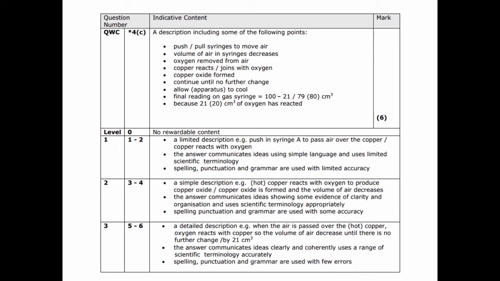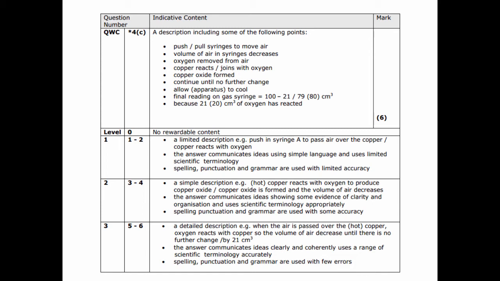I will push and pull the syringes to move the air. The volume of air will decrease as oxygen is used up, as the copper reacts with the oxygen, forming copper oxide, until all of the oxygen is used up and there will be no further change.